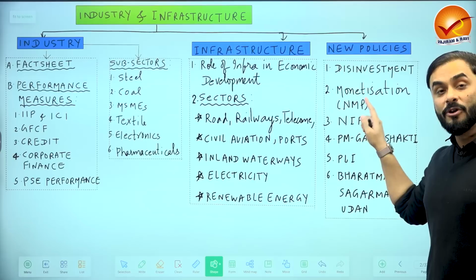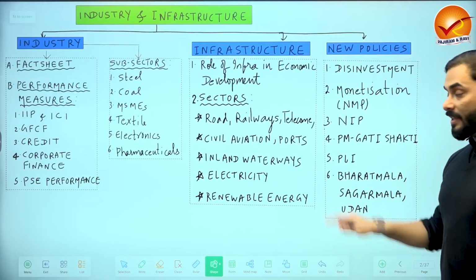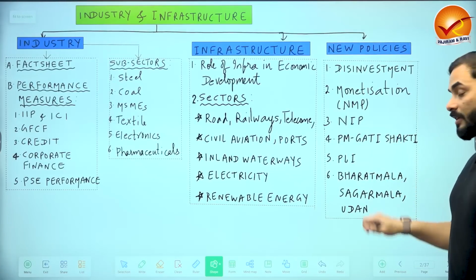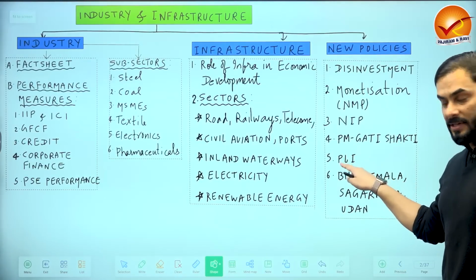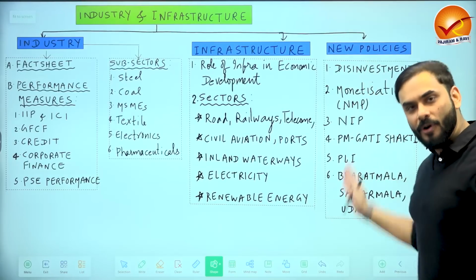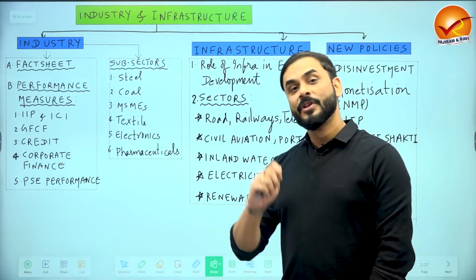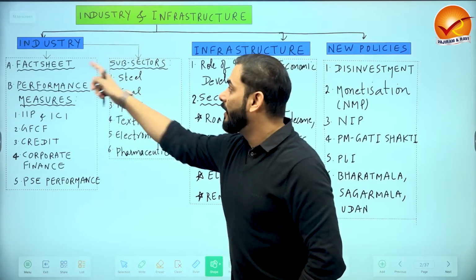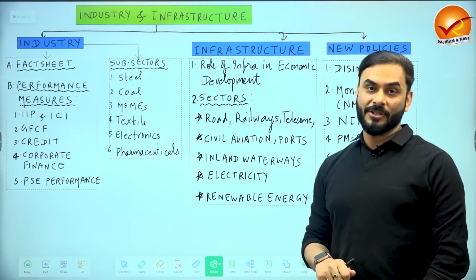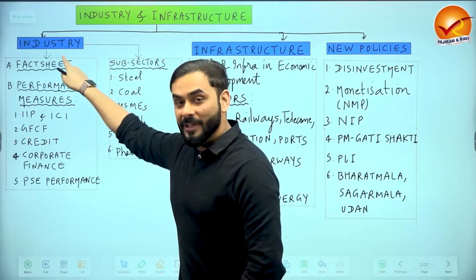Similarly, the national monetization pipeline, then the national infrastructure pipeline, PM Gati Shakti, production linked incentives, Bharatmala, Sagarmala, Udan, and a lot more government policies and schemes which are working to improve our industry and infrastructure. We are going to analyze all those things in this section. All right. So let us start with industry.